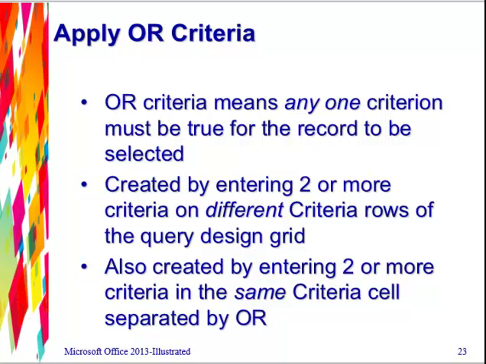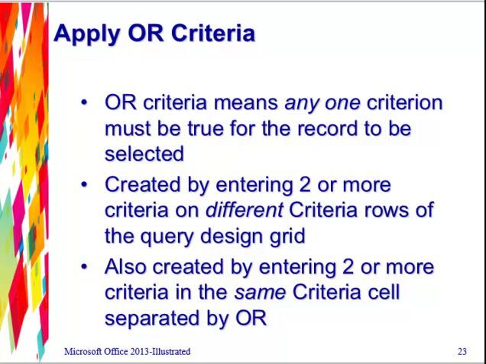OR criteria means that any one criterion must be true for the record to be selected. You can create it by entering two or more criteria on different criteria rows in the query grid, and by doing that you're narrowing things down a little bit more. It's also created by entering two or more criteria in the same criteria cell, separated by OR.